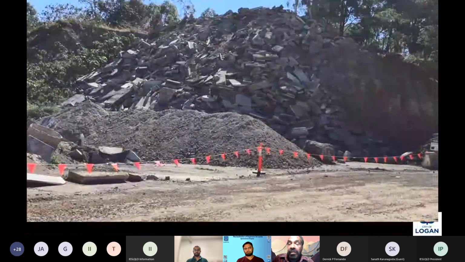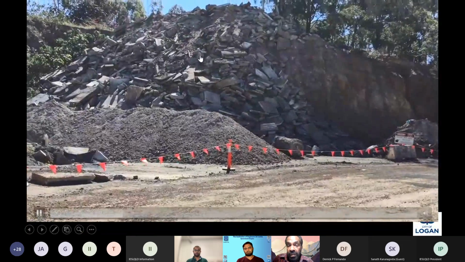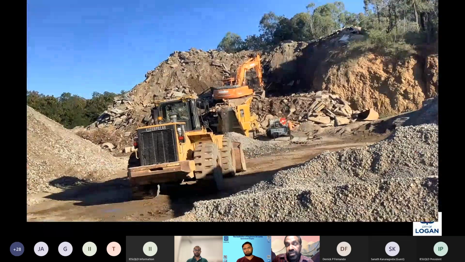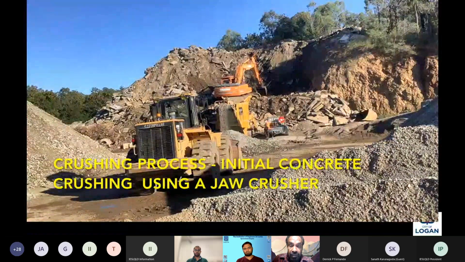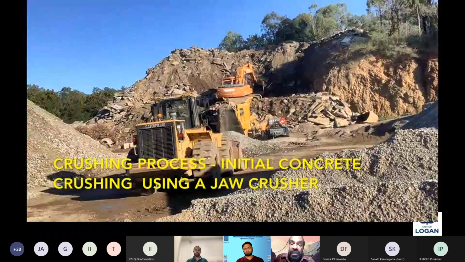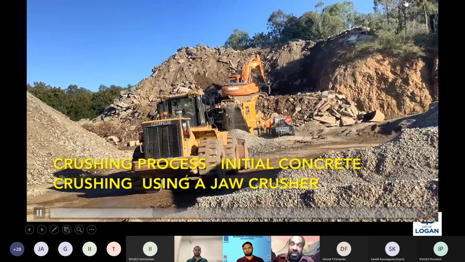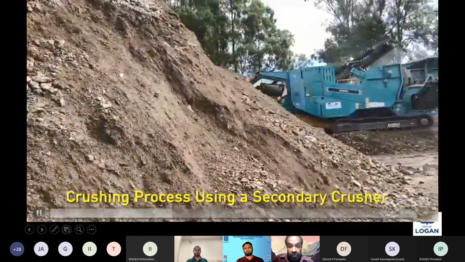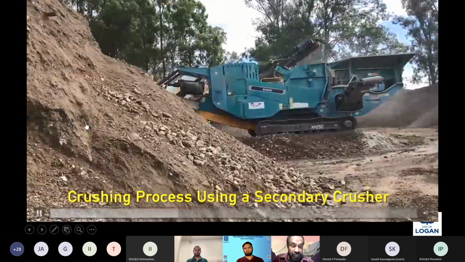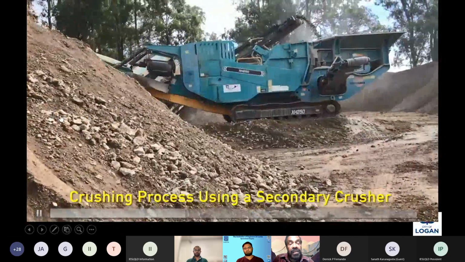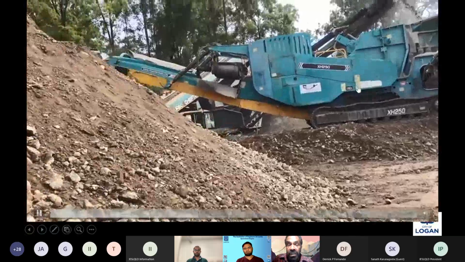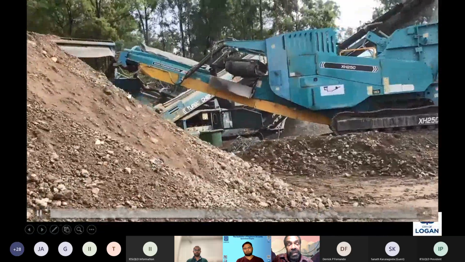Initially, we hired a jaw crusher, which crushed this concrete into bigger pieces, as you can see here. The excavator is loading the material into the crusher, and this is the crushed material. Then the crushed material goes through a secondary crusher, which is called a cone crusher, and is loaded onto a screener here.